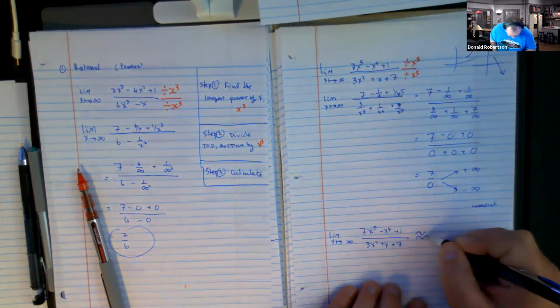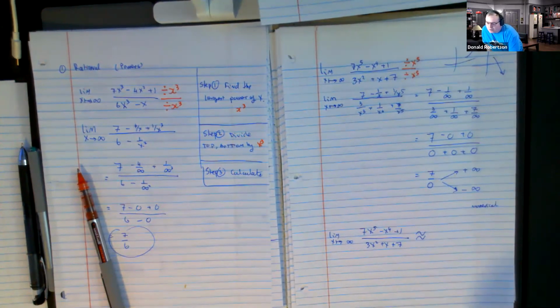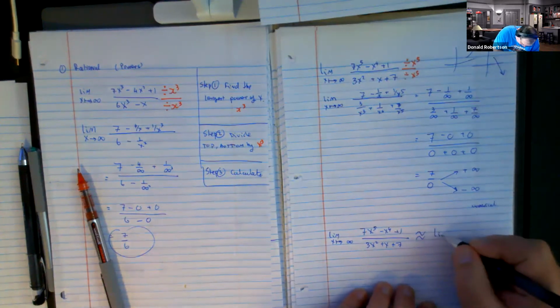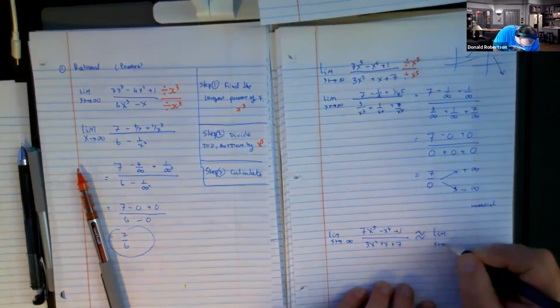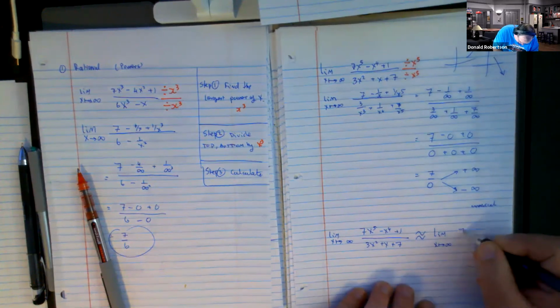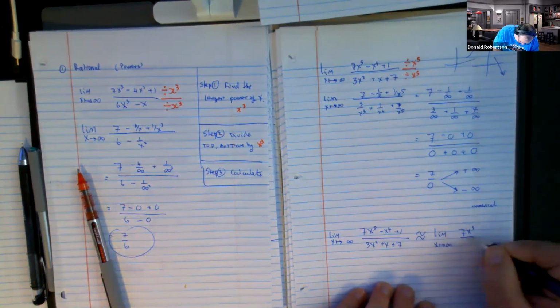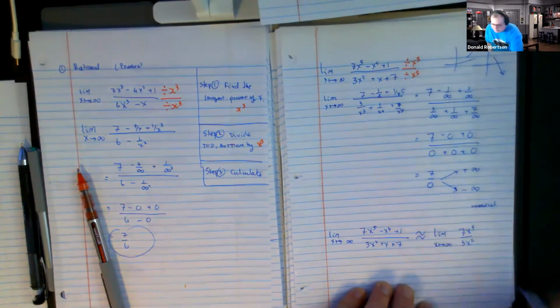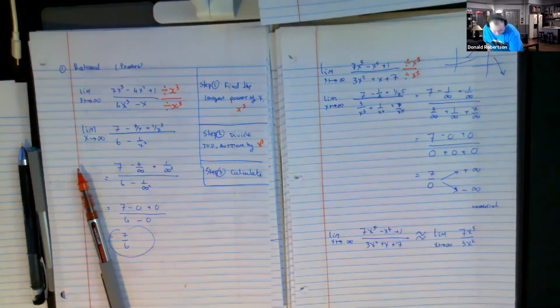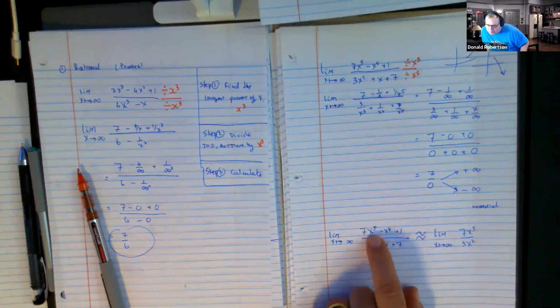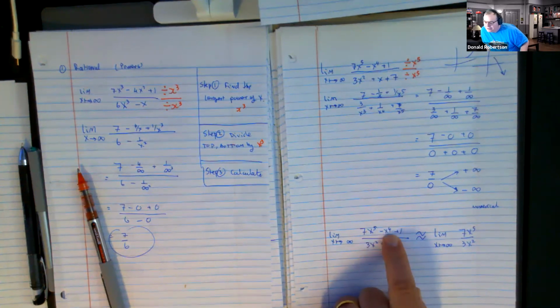Do you know the two little wavy signs that look like Olympic waves? Do you know that means approximately the same as? That's what it means. I am going to take this guy and I am going to tell you that when x is really large, it behaves like that guy. See, if x is 1 billion, isn't 1 billion to the power of 5 a billion times larger than x to the 4 is?